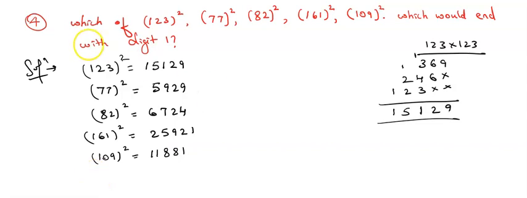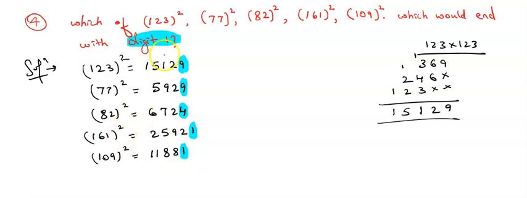But according to this question, what is it asking? Which would end with digit 1? As you can see, the ending digit is 9, 9, 4, 1, 1. So which is the correct answer?